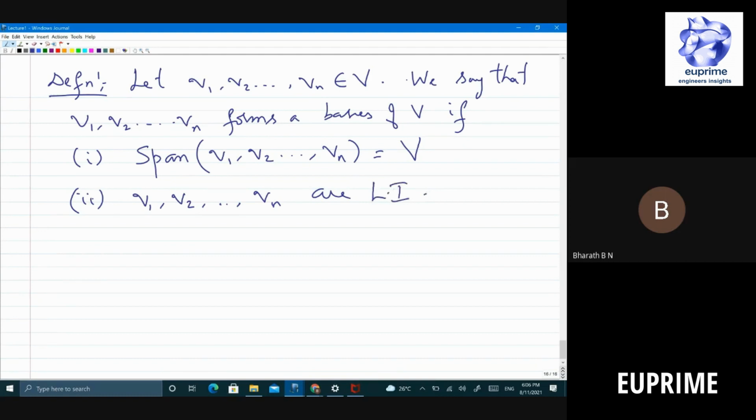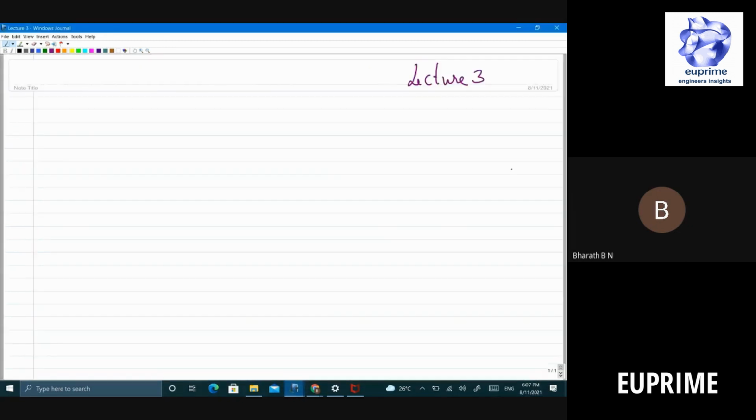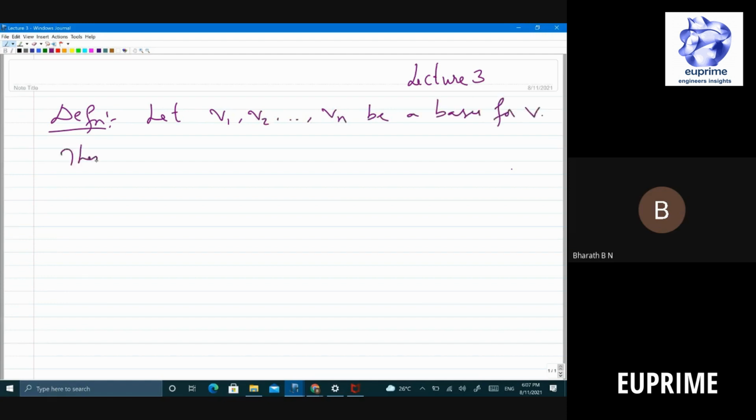This is what we did in the last class, and we saw that the set of bases need not be unique, but this number n, called the dimension, should be unique. So let's revisit that today. I'll start with the definition. Let v1, v2, etc., vn be a basis for V, then the dimension of V is n.